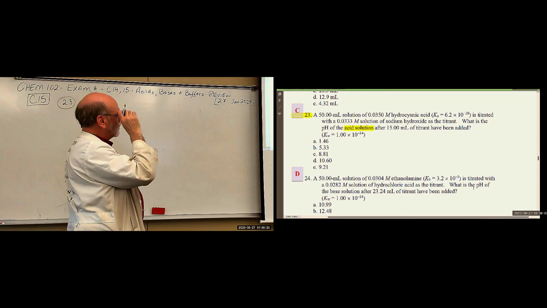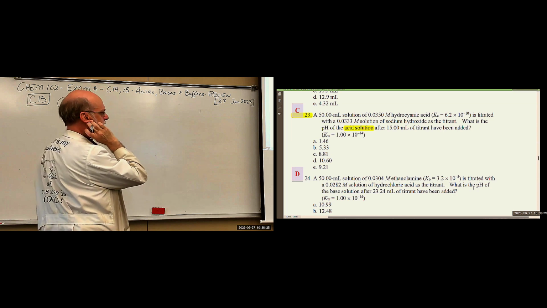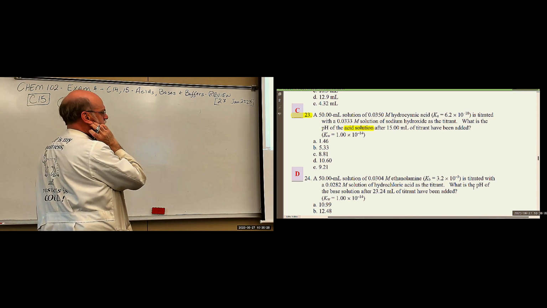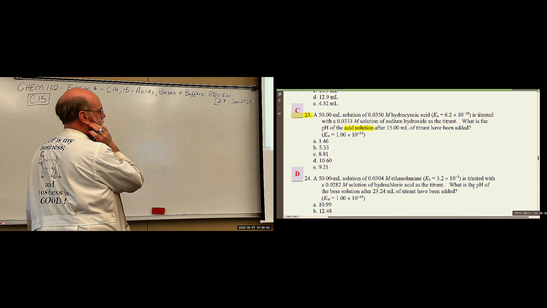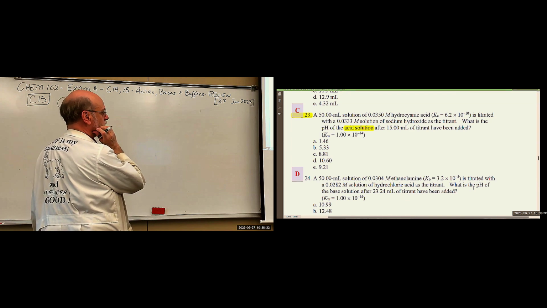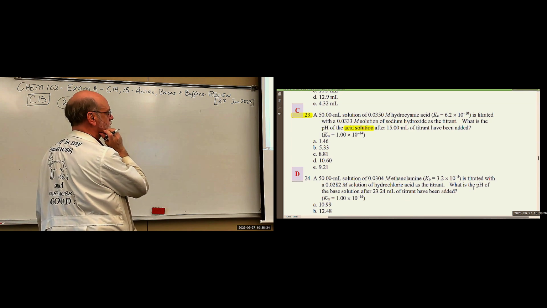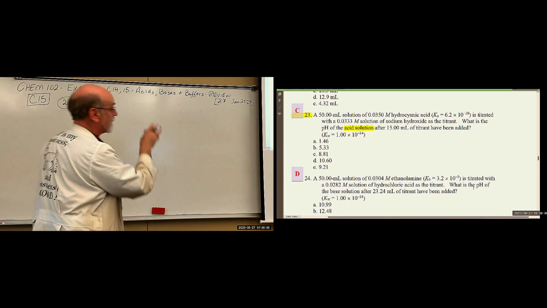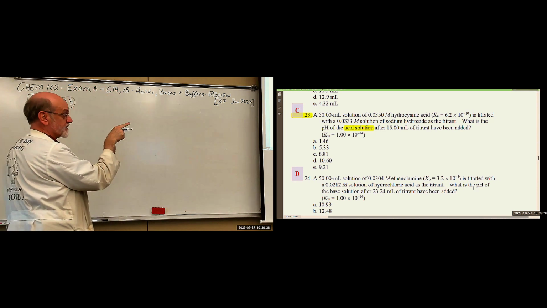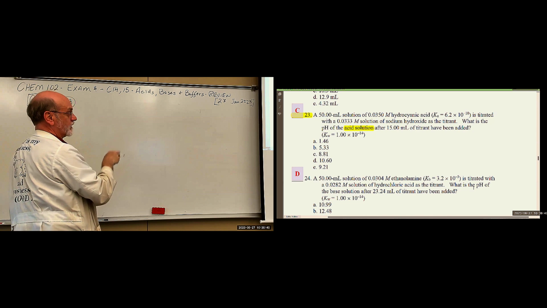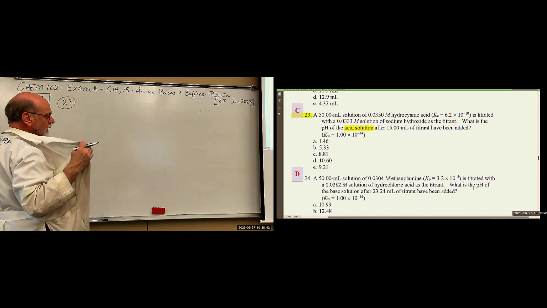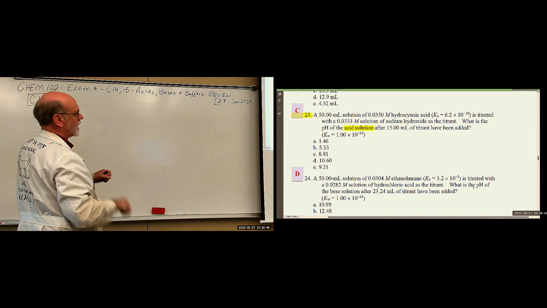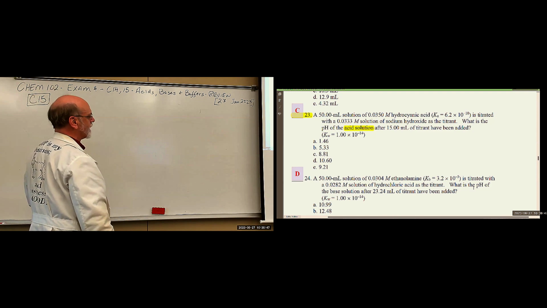50 milliliters of 0.0350 molar hydrocyanic acid titrated with 0.033 molar solution of sodium hydroxide. What's the pH of the acid solution after 15 milliliters of titrant has been added? Okay, they're telling us it's an acid solution at this point, which is helpful. So what's the controlling reaction?